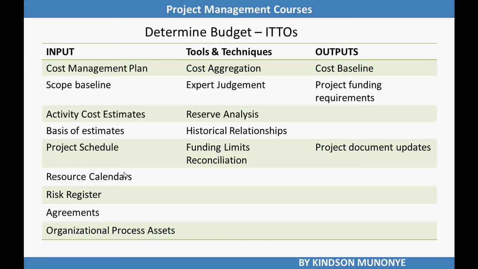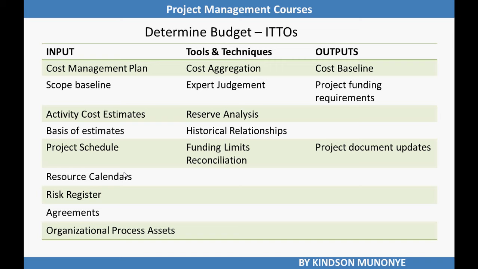The project schedule and the resource calendars should be outputs of the estimate activity resources process from the project time management knowledge area. Risk register, agreements, and organizational process assets.